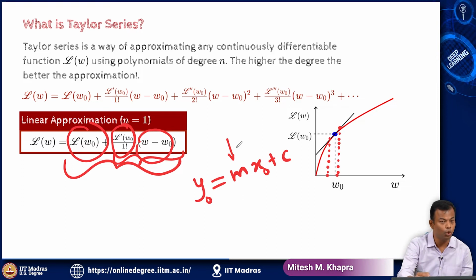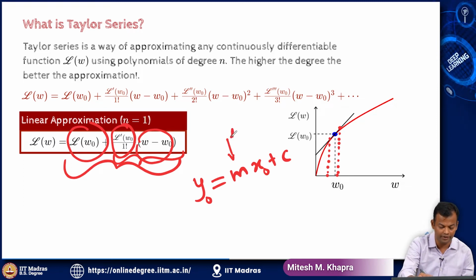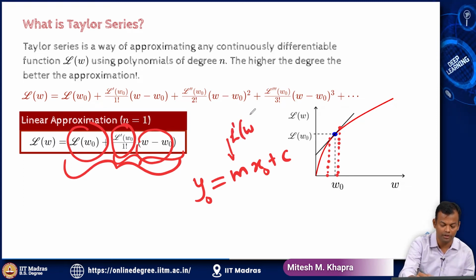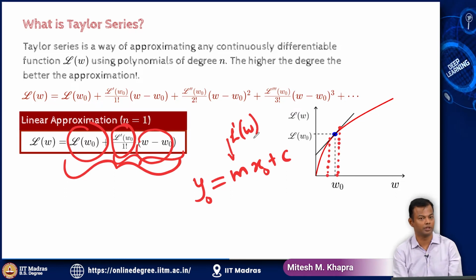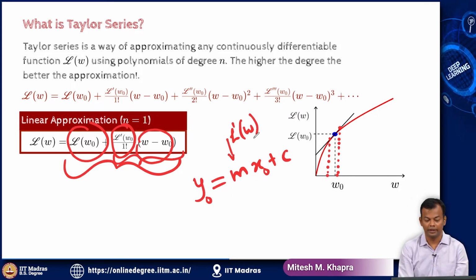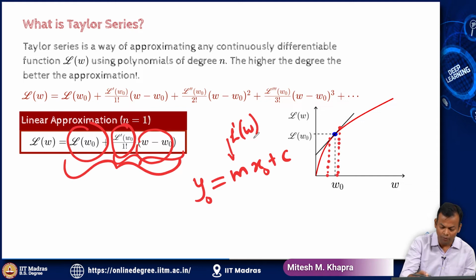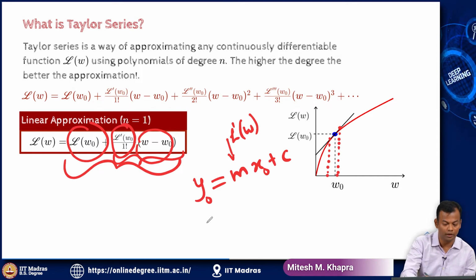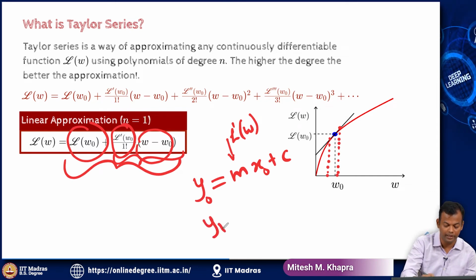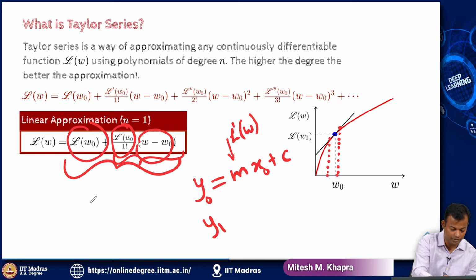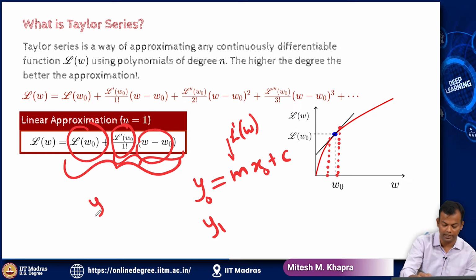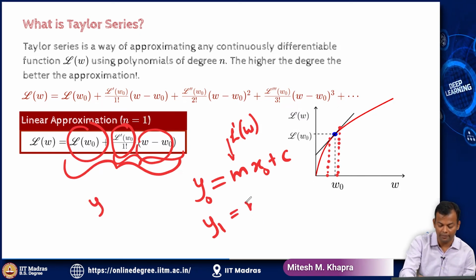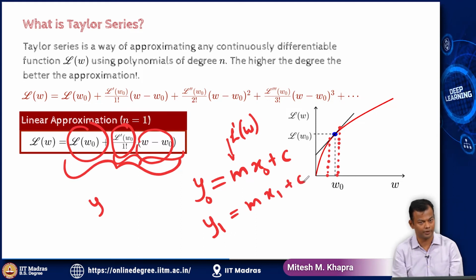M is simply the slope, and the slope is just the derivative, so this is L'(w). Now I want to find the value of y1, so y1 would be m into x1 plus c, right?